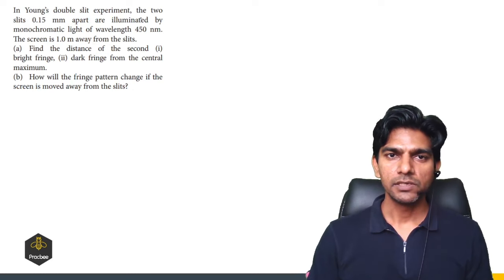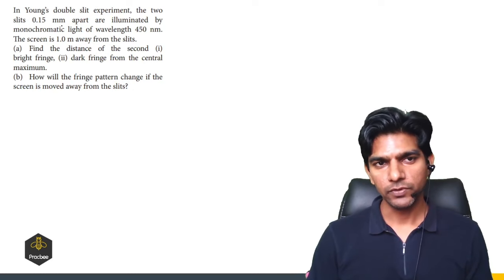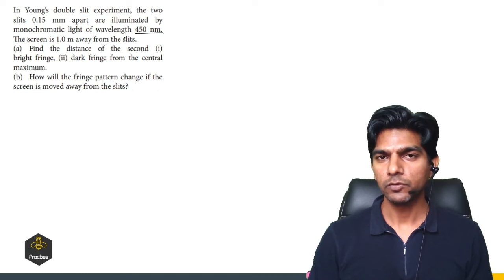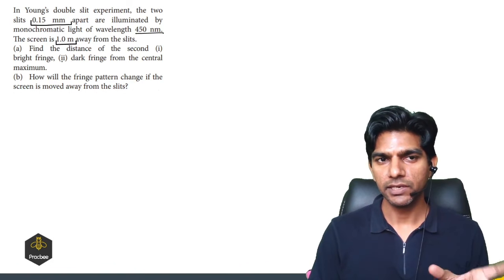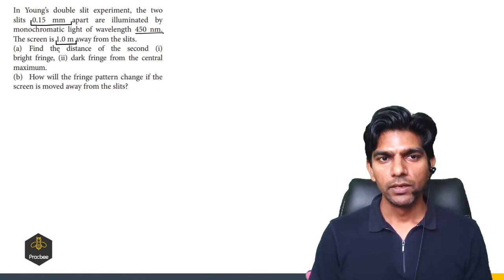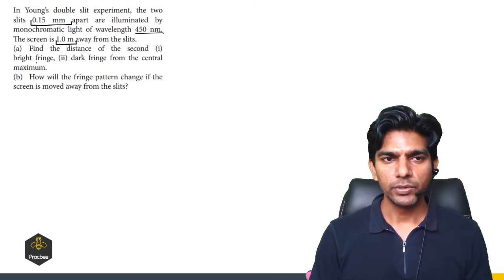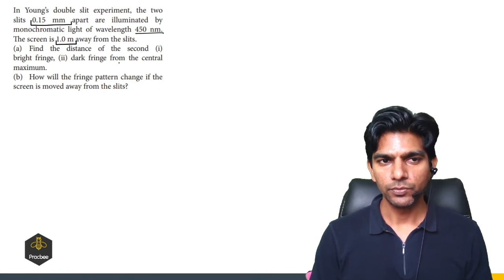In Young's double slit experiment, the two slits 0.15 millimeter apart are illuminated by monochromatic light of wavelength 450 nanometer. So small d is given, the wavelength is given, and capital D is also given. The screen is 1 meter away from the slits. Find the distance of the second bright fringe and dark fringe from the central maxima.